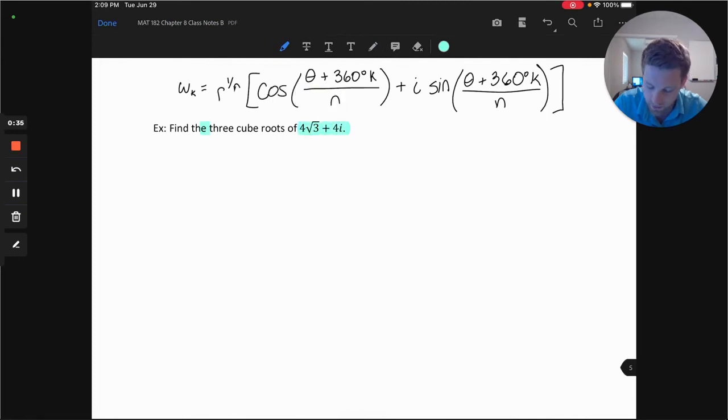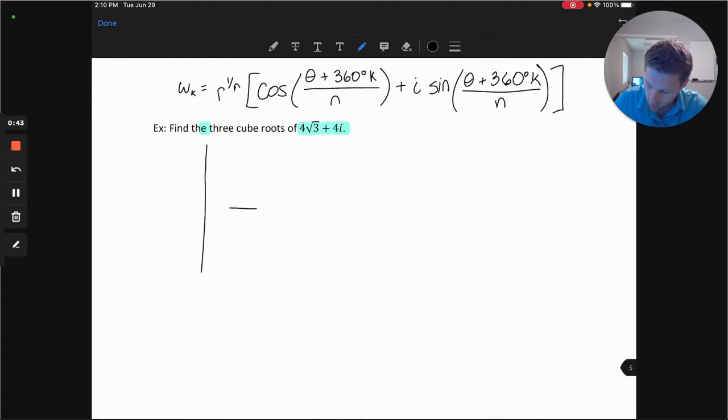So we're going to take that complex number and look at what its trigonometric form is going to look like.